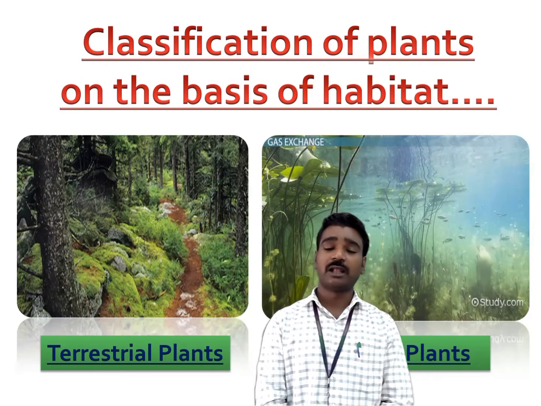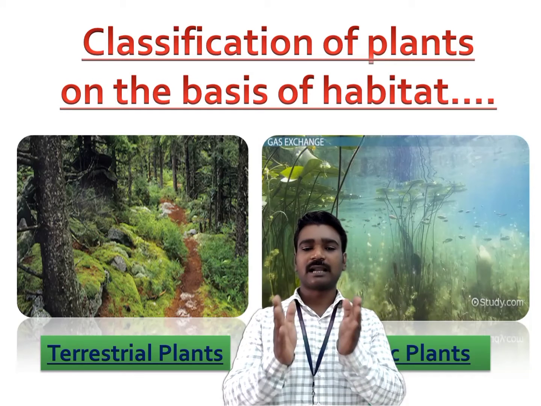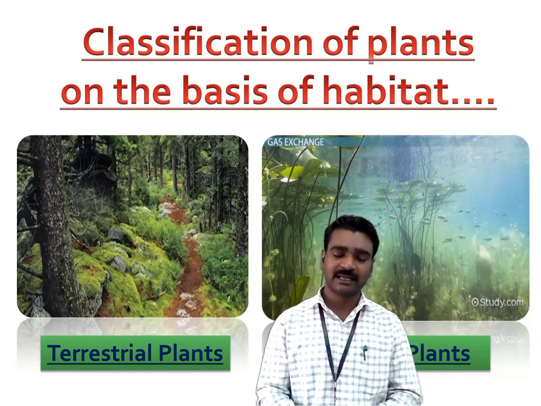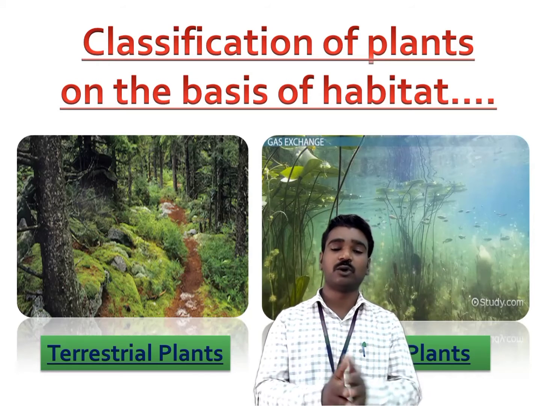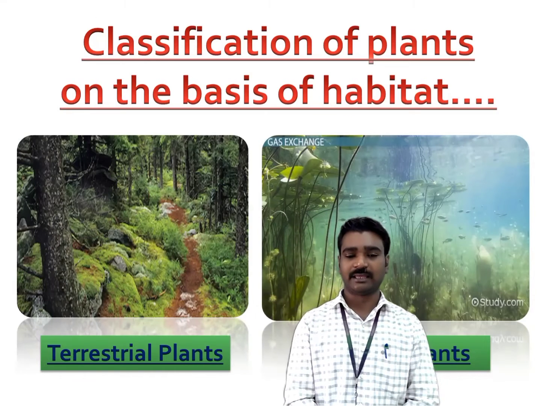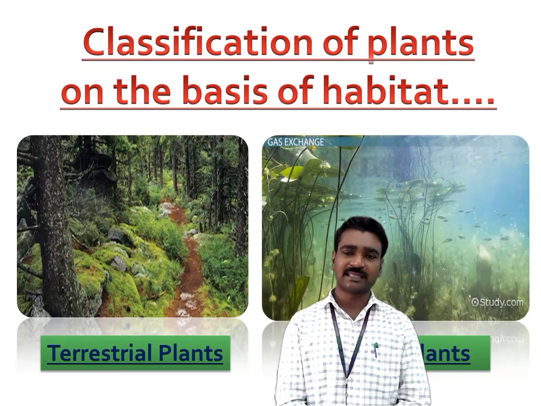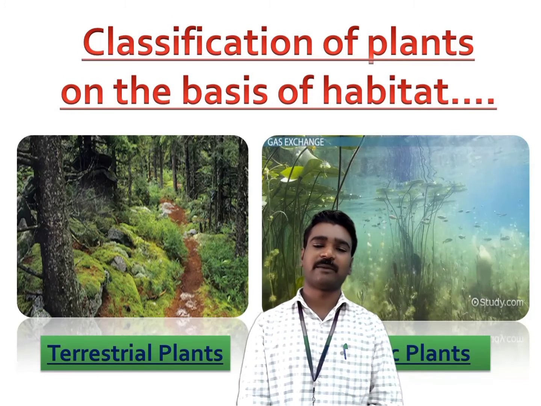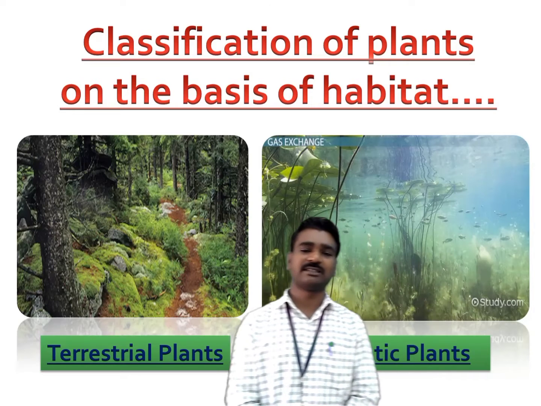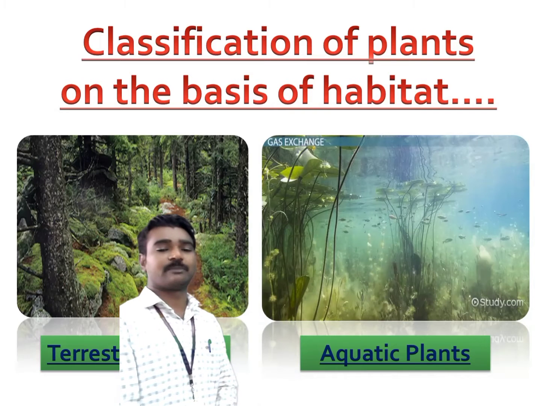If we want to classify or group these plants on the basis of habitat, that means on the basis of where they grow, we can classify them into two categories. The classification of plants on the basis of habitat is terrestrial plants and aquatic plants. So we can classify the plants into two groups: the terrestrial plants and the aquatic plants.